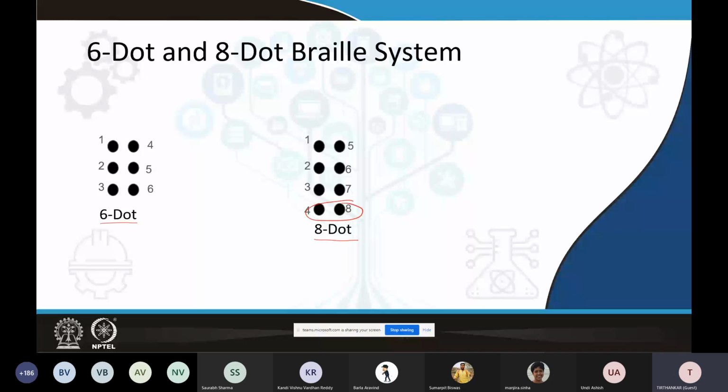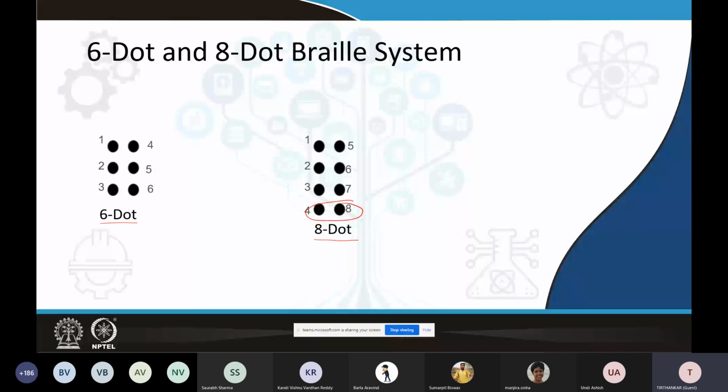So somehow, this 8-dot convention didn't materialize in the community. But still, to a large extent, in many places you will find these 8-dot Braille systems widely used in many countries.